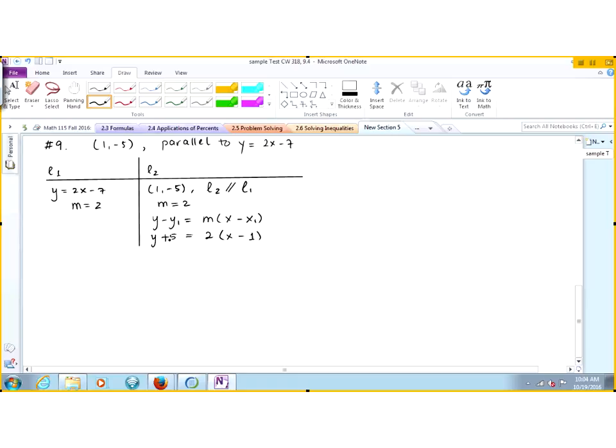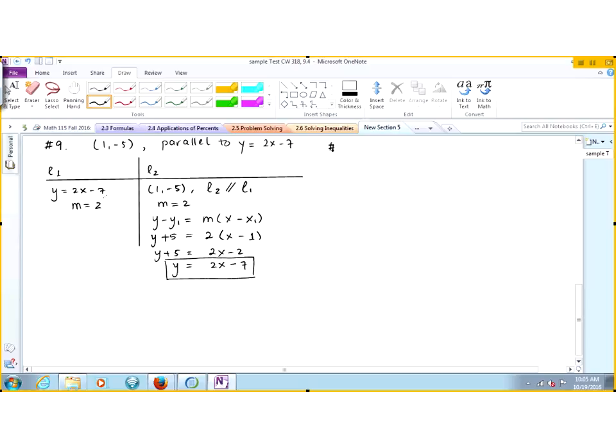Do you know why this is plus 5, not negative 5? Negative 5, yes. Negative of negative 5. So y plus 5 is equal to 2x minus 2. So y is 2x, and then subtract by 5 both sides. Minus 7. Finish. Oh, it's the same line, isn't it?